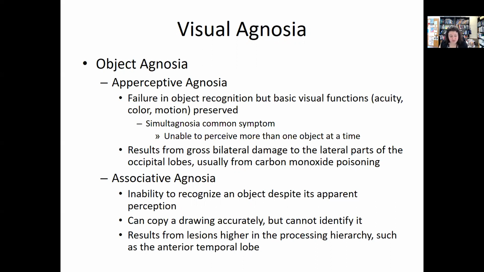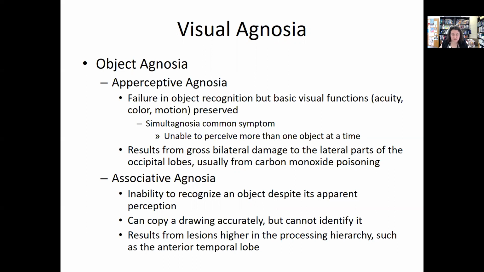And then associative agnosia: you can perceive objects, but you can't identify them. So you could copy a drawing of it or draw it. And again, your drawing ability doesn't have to be great. But you can't identify it just looking at it.